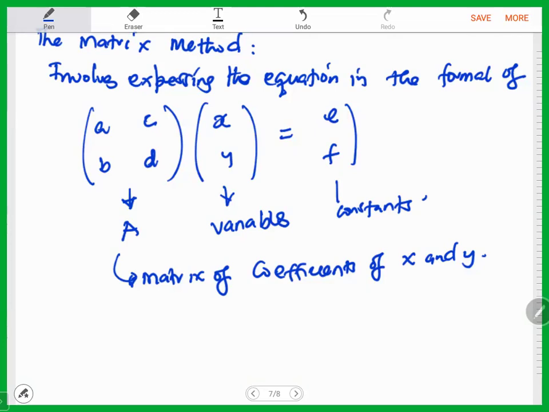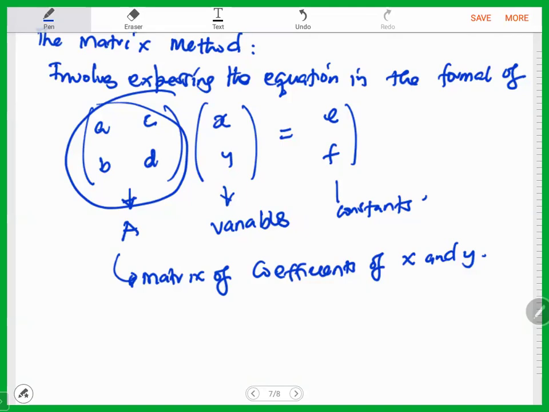It is important that we find the inverse of matrix A, which is multiplied on both sides to determine the values of x and y.